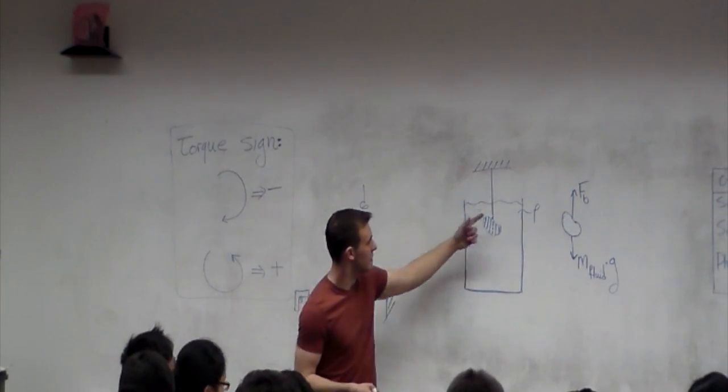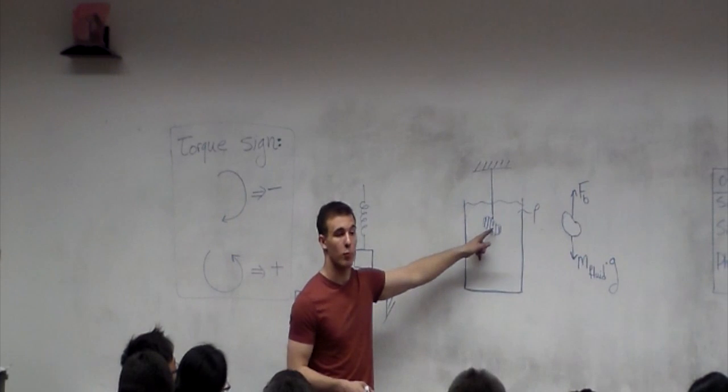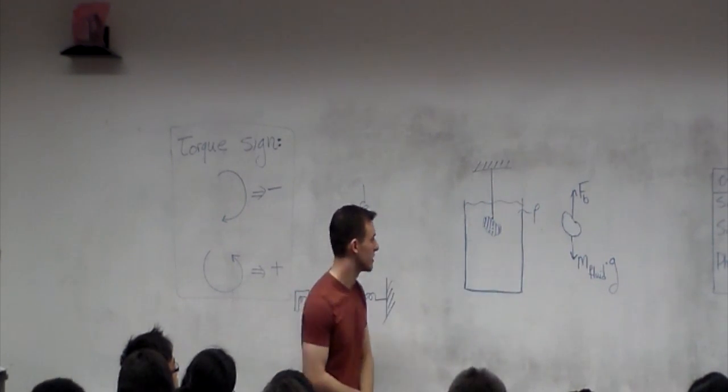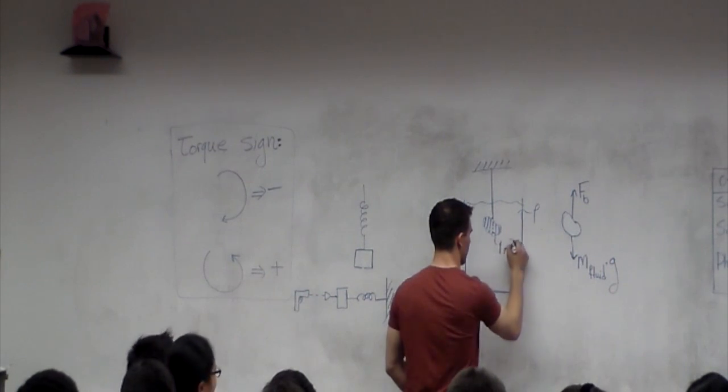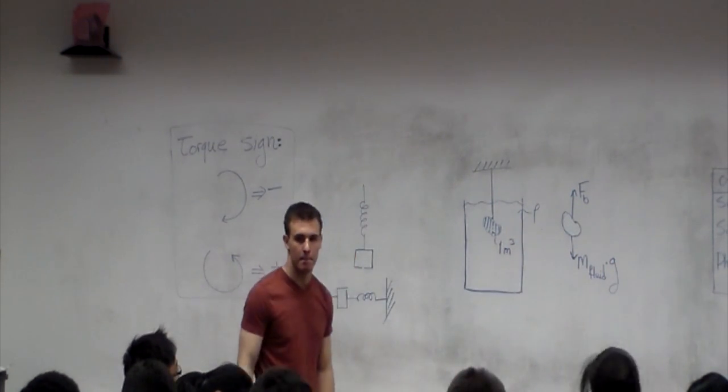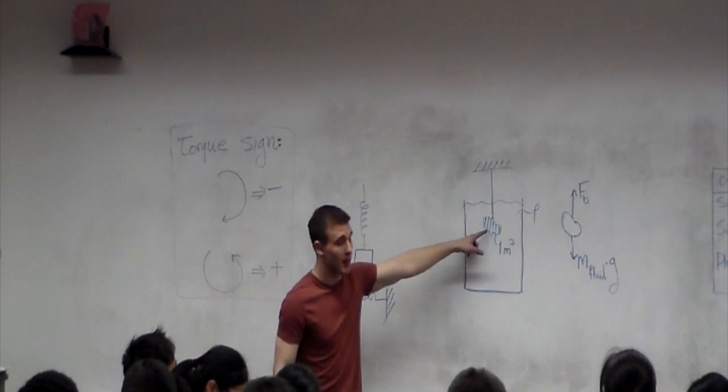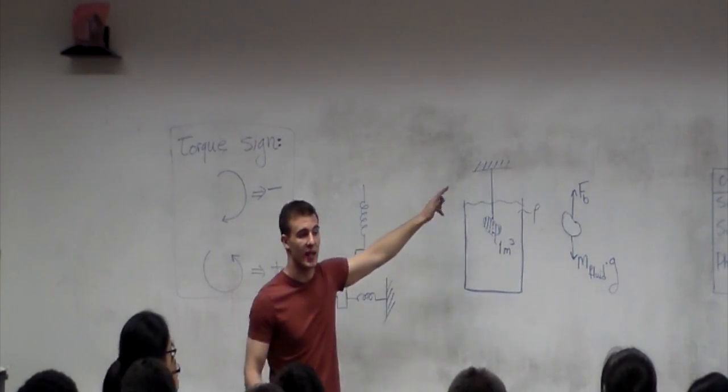So if this was, for example, I didn't know what this shape was, it was weird, but it had a total volume of 1 cubic meter. I don't know what this object is, I don't know its density, I don't know its weight, I know nothing.